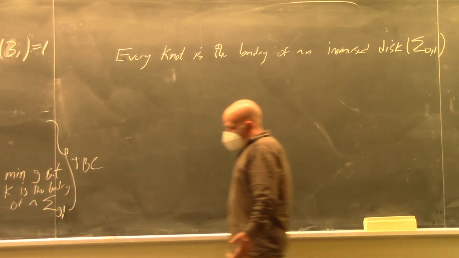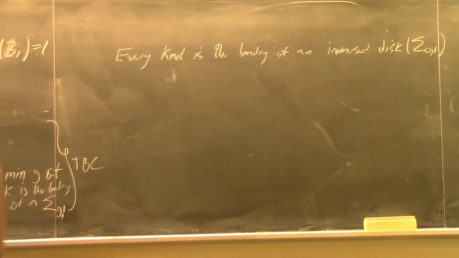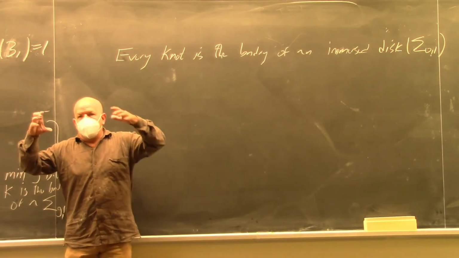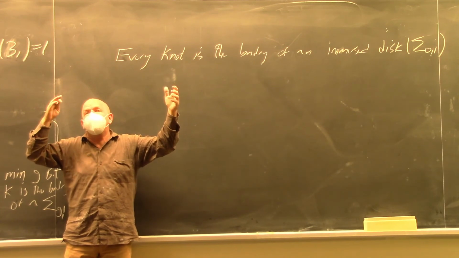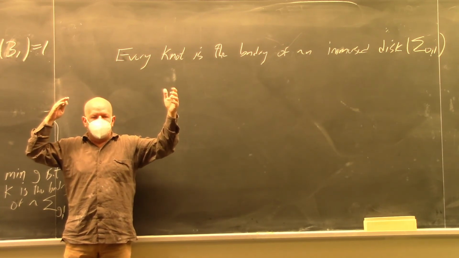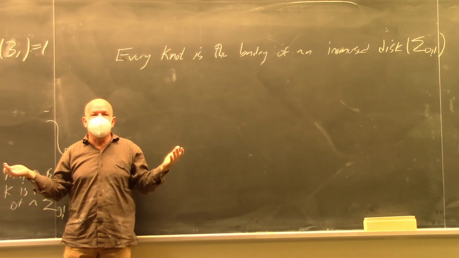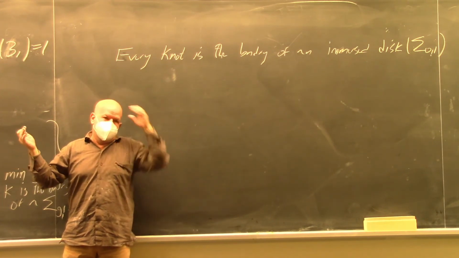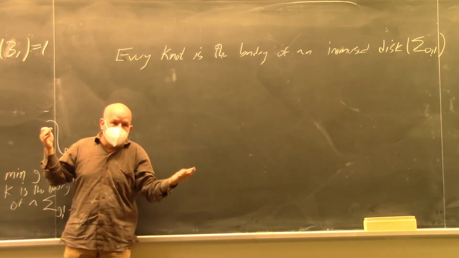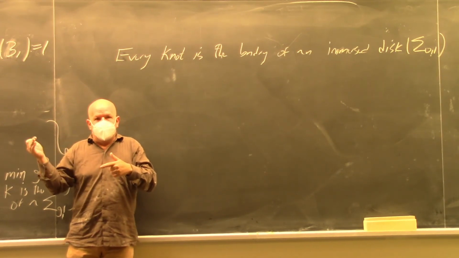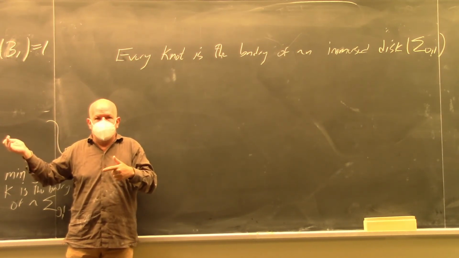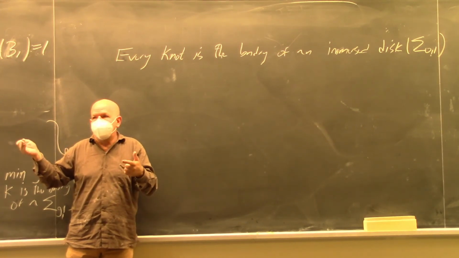Proof, basically: deform the knot to the unknot, pretending that it can cross through itself. So just deform the curve to the unknot as a curve in R3 without worrying about self-intersections.